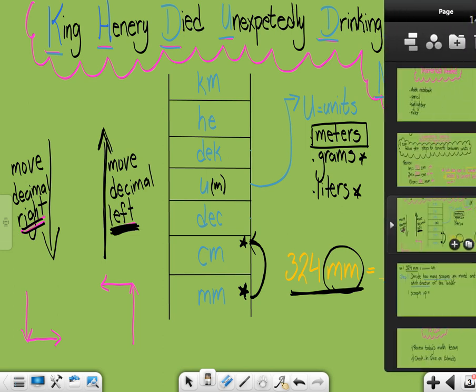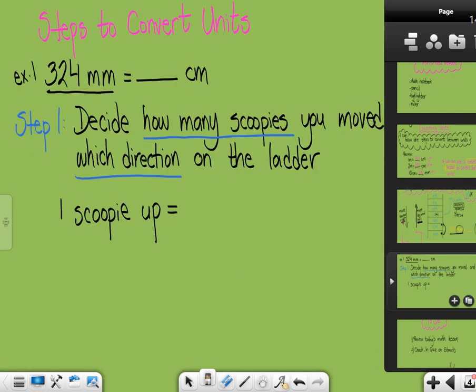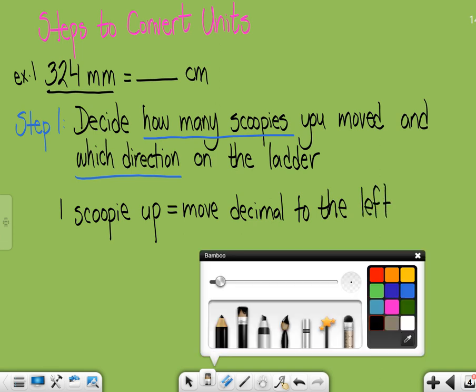And that's what we're going to write down. Let's write that down here. I went 1 Scoopie up, which means I need to move decimal to the left, okay? So I will highlight.